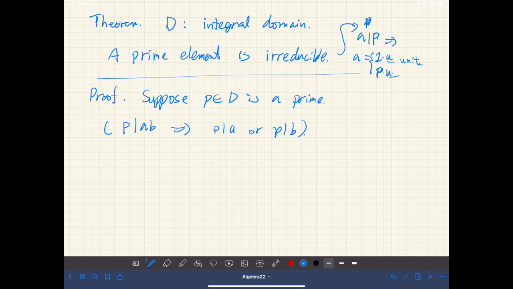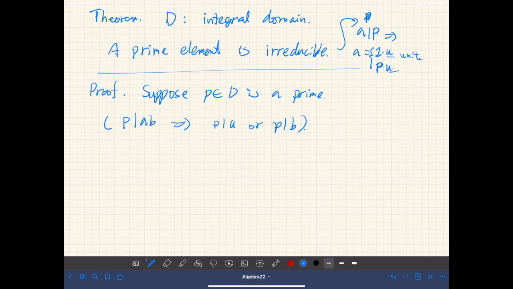So suppose P is a prime, and also suppose A divides P. From here we want to show that A is an associate of 1 or P.